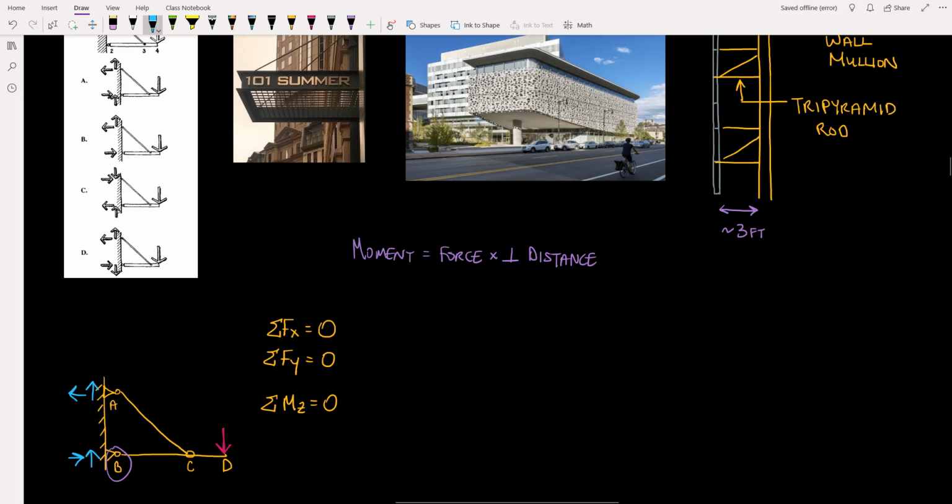So if I look at the way that I have drawn the reaction at A, if I set up my coordinate system like that, the reaction at A, the way I've drawn it, is going to cause a counterclockwise rotation about joint B, and so that moment will be positive.